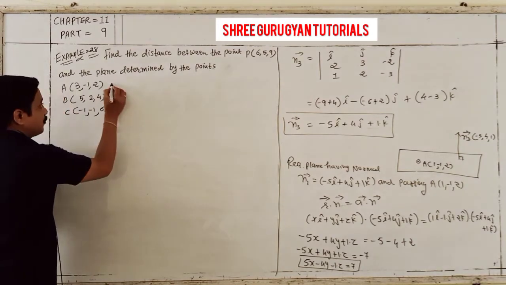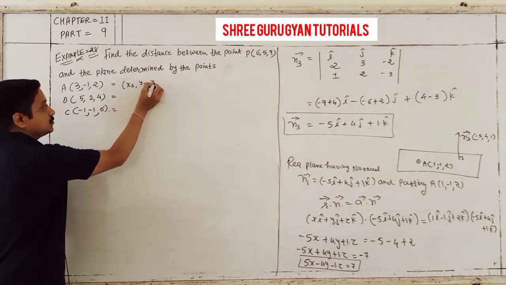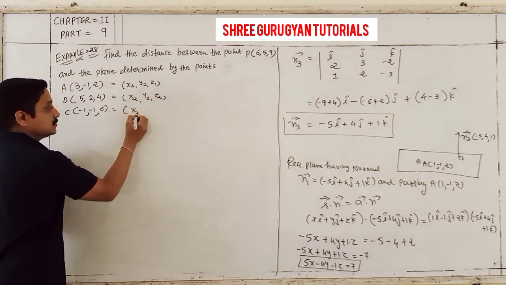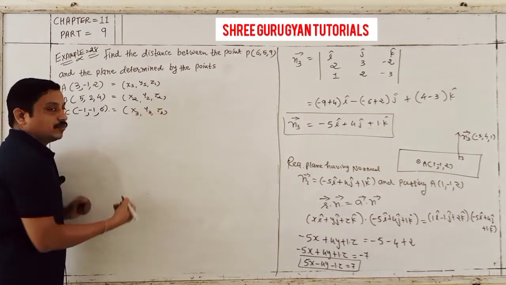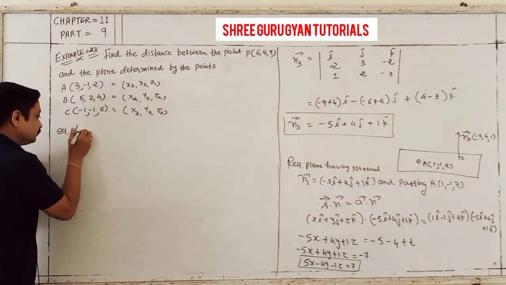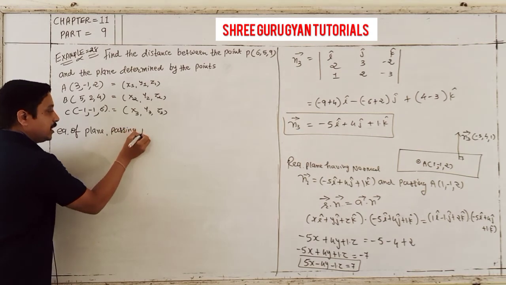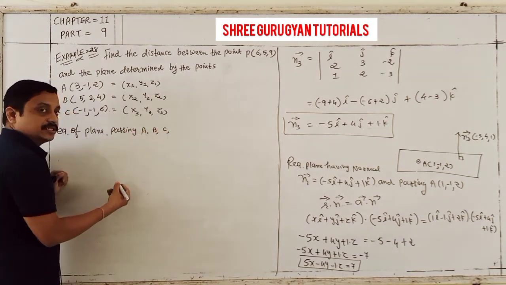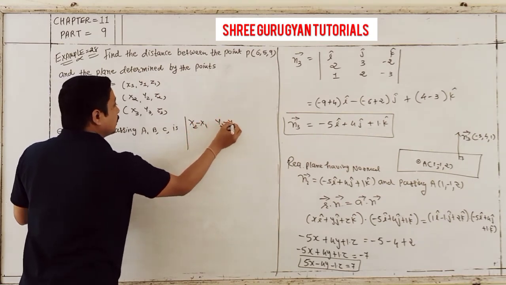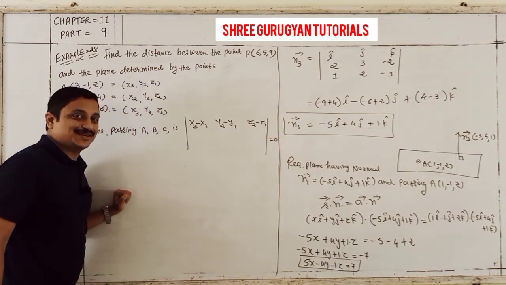So first, just consider the points (x1, y1, z1), (x2, y2, z2), and lastly (x3, y3, z3). First I derive the equation of the plane passing through A, B, C. You know that formula: x minus x1, y minus y1, z minus z1 is equal to 0.